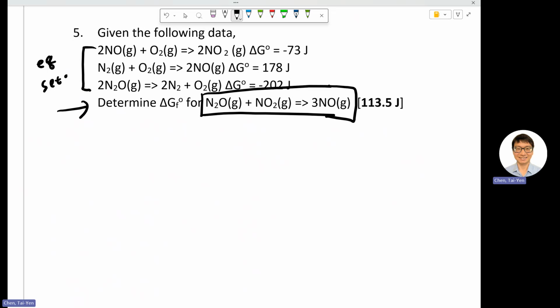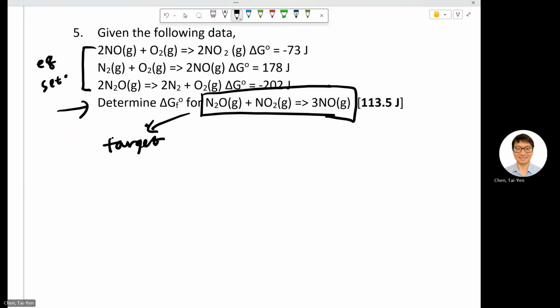You have three equations, right? You need to rearrange, maybe multiply some numbers for the equations within your equation set, so that when you add them up, you get to your target equation. That is the basic idea.